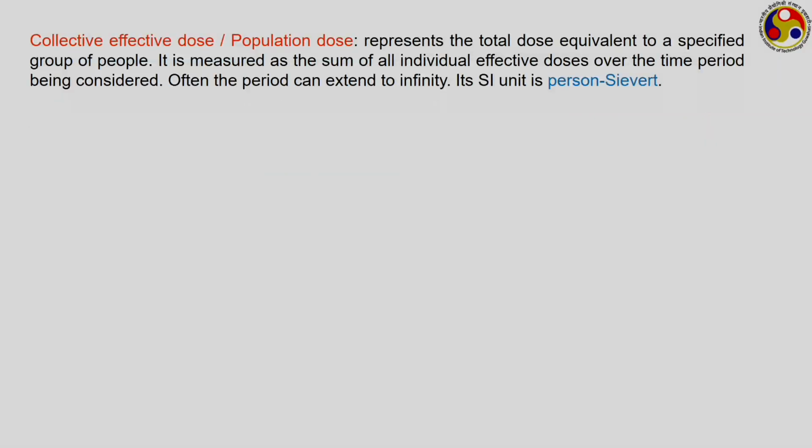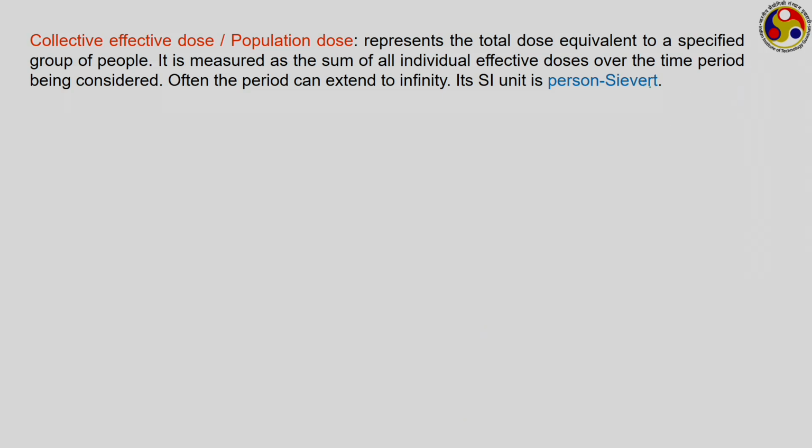Then we get something called the collective effective dose or population dose, where we take the entire population into consideration. It represents the total dose equivalent to a specified group of persons. It is measured as the sum of all individual effective doses over the time period being considered. If all individuals are subjected to the same dose, then it is just the product of the total number of persons and the dose received per person.